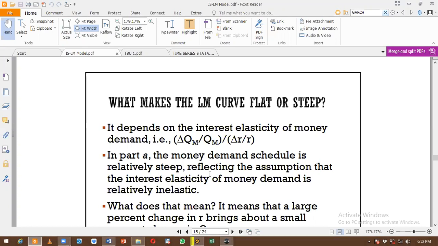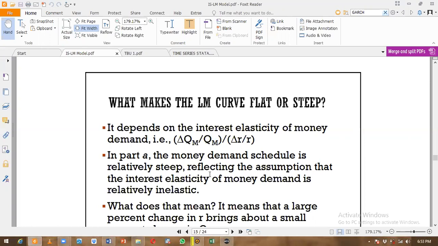If you want people to be discouraged from holding money, you need a much bigger increase before you can restore the market to equilibrium. So whether the LM curve is going to be steep or not depends on how responsive money demand is to the interest rate.